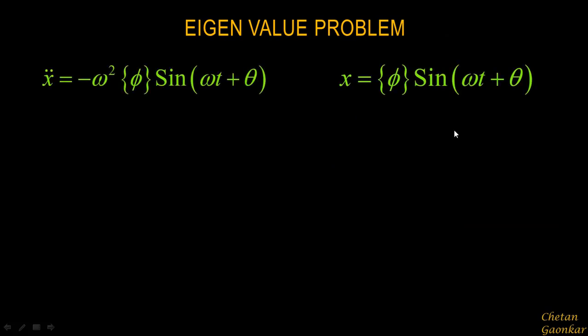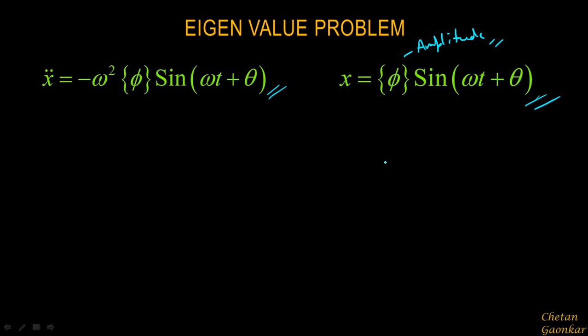That is, we have assumed this harmonic solution, and the double derivative of that harmonic solution turns out to be this. And what is this phi? This phi is basically the maximum amplitude of this harmonic function.